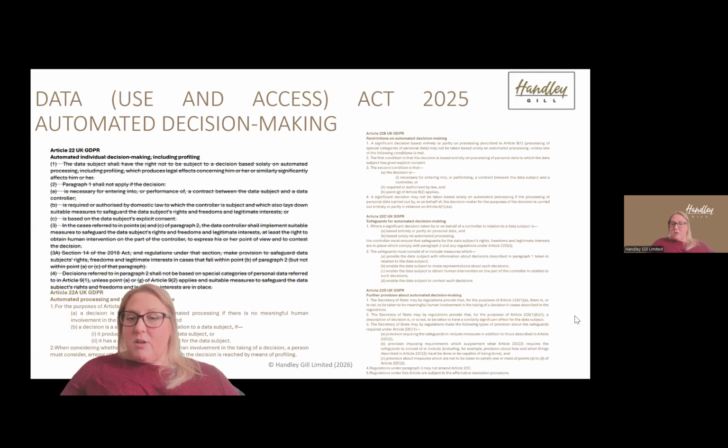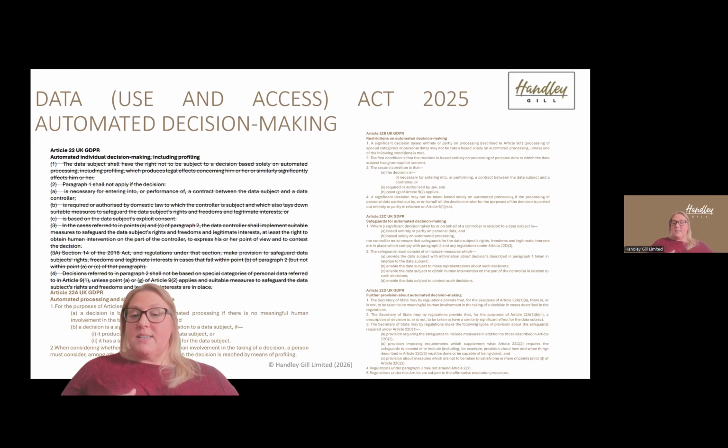There have to be safeguards, so where a significant decision is taken by or on behalf of a controller in relation to a data subject, based entirely or partly on personal data and based solely on automated processing. Note, this doesn't only apply to automated decision making based solely or partly on special category personal data, but you have to have certain safeguards in place.